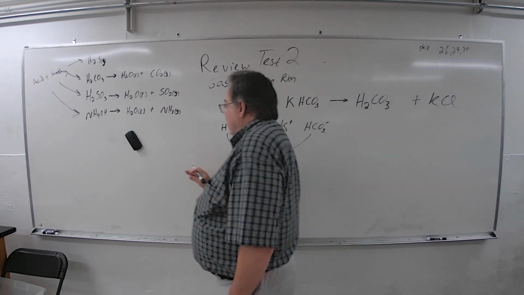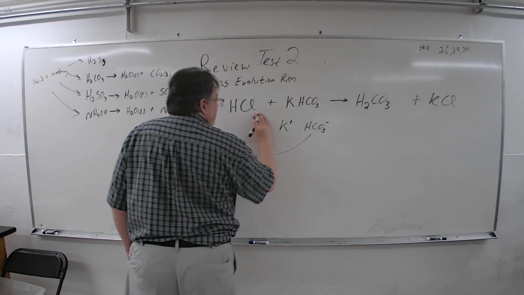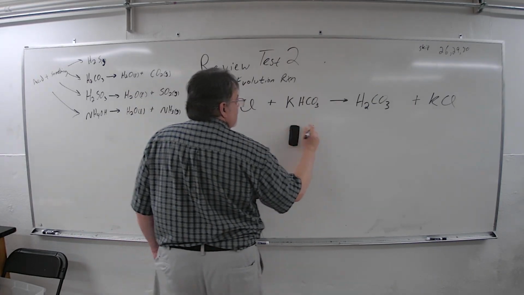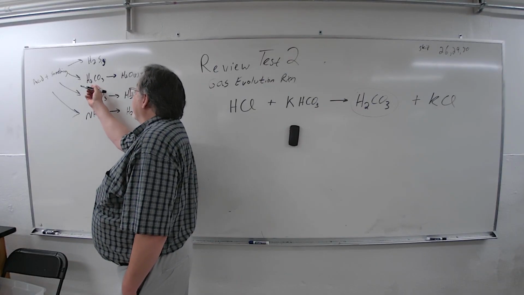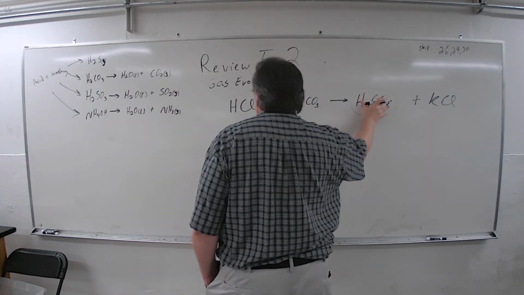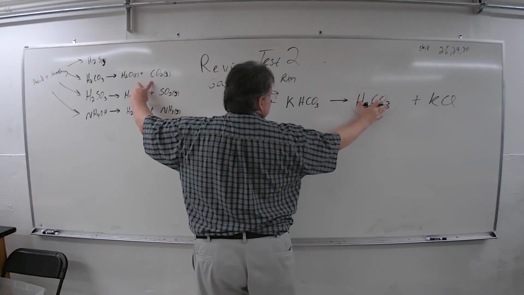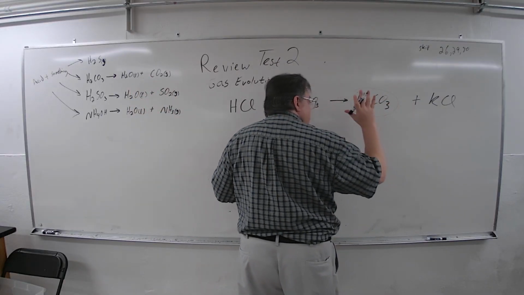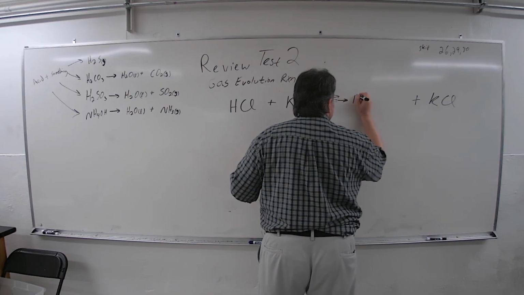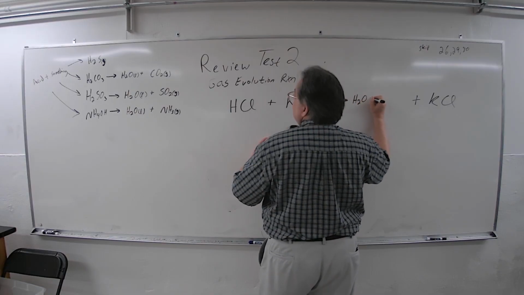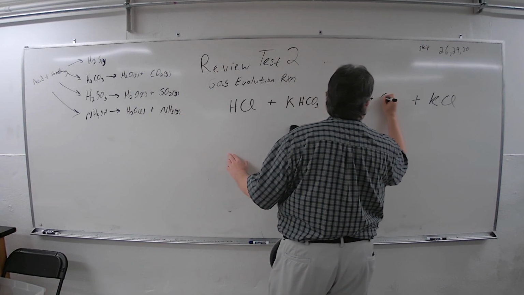HCl. And then what you need to recognize from there is, oh, there's one of those, H2CO3. So you're going to replace this with this. This just spontaneously breaks down and becomes the H2O plus the CO2 gas.